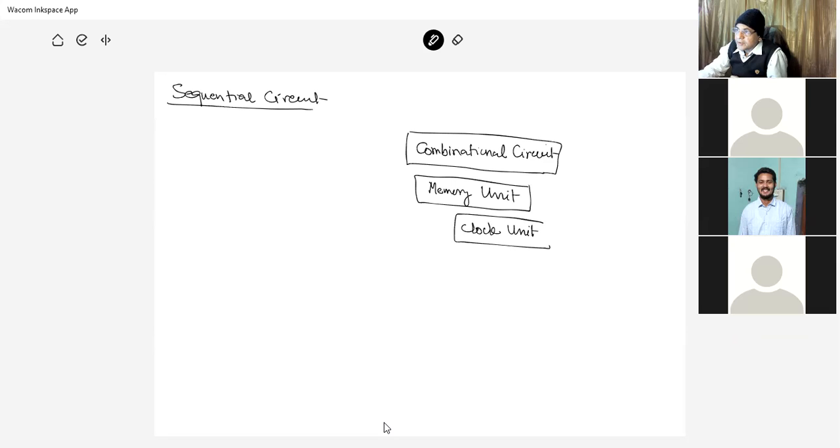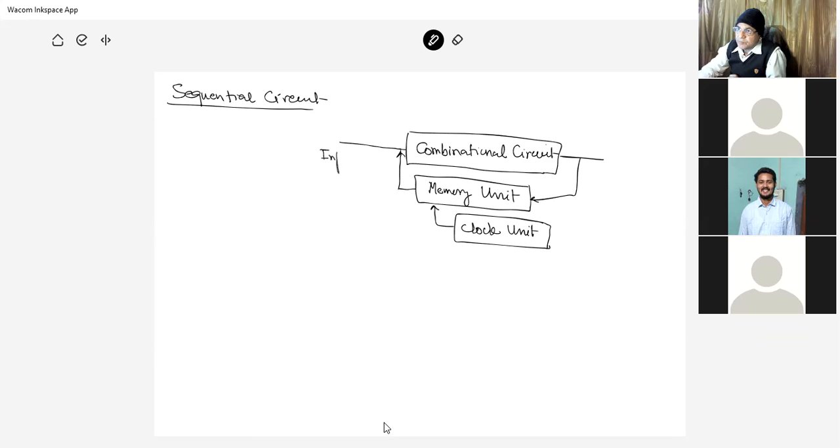This clock unit is checking the time factor of the memory unit, and this memory unit gives the input feedback to the combinational circuit.